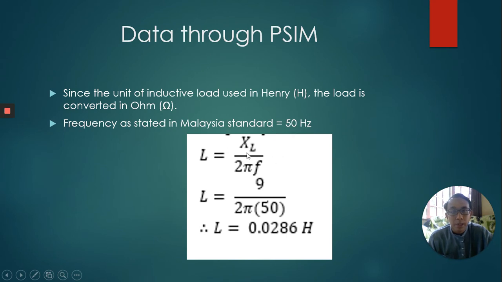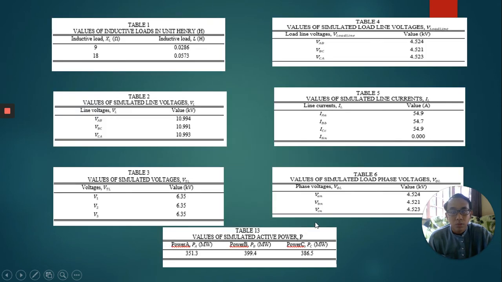So the formula is inductance value divided by 2 pi times 50 Hz frequency, and we got 0.0286. This is the answer for my simulation.